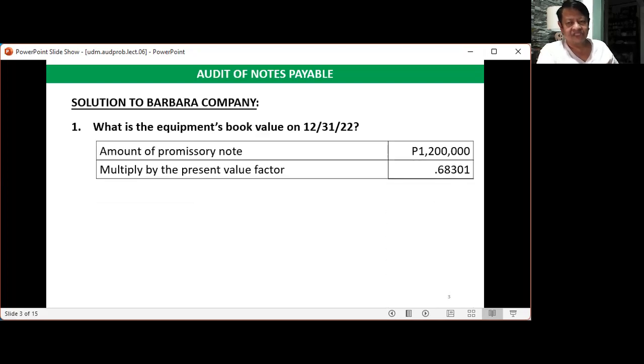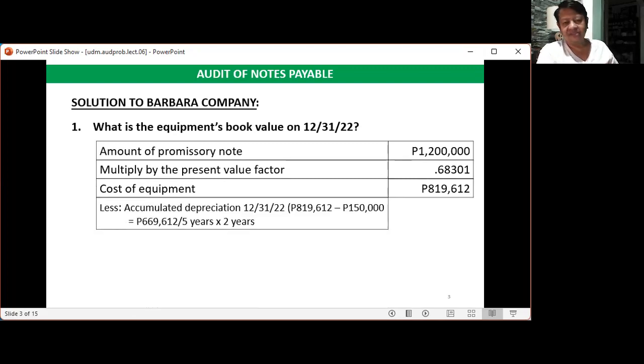The result is 0.68301. That is the present value factor to be multiplied to the amount of promissory note in order for us to arrive at the cost of equipment, which is also the present value of the promissory note. That is 819,612 pesos.